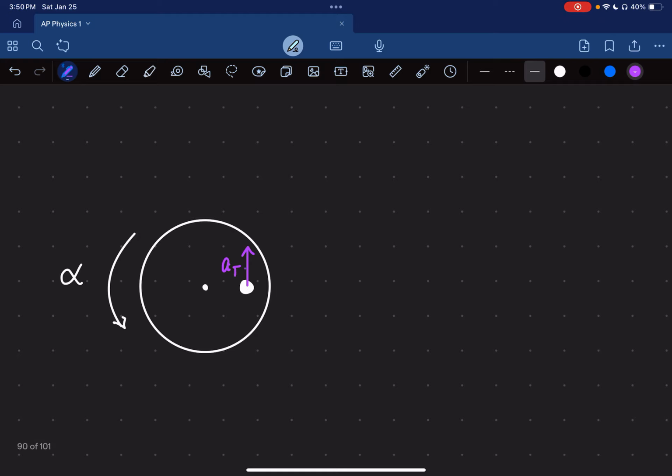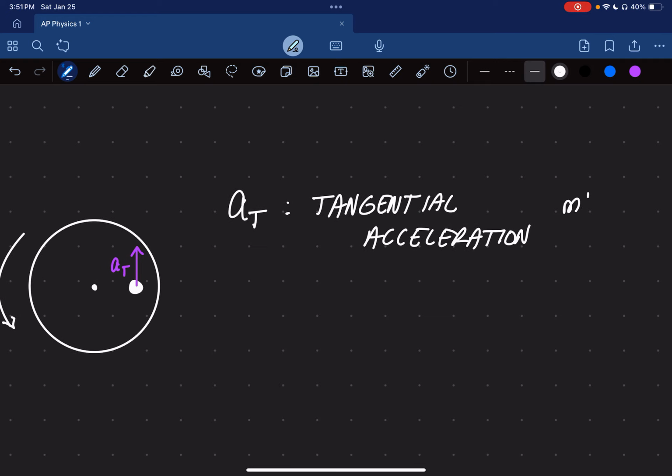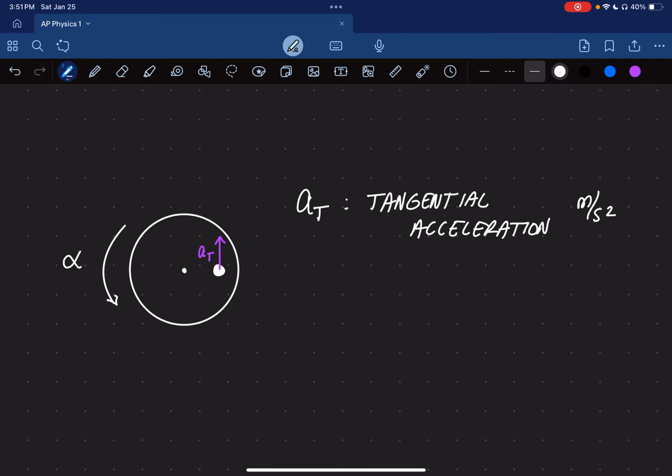In other words, now its linear speed will be changing, and controlling that is the tangential acceleration, which is in meters per second squared. And of course, I've forgotten, but we need an equation.